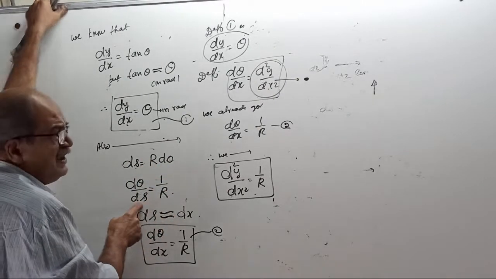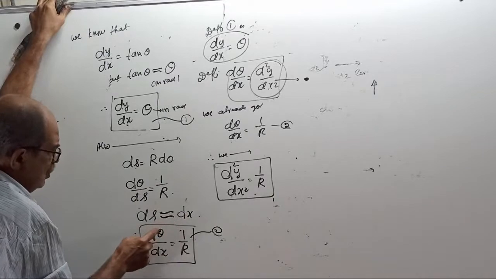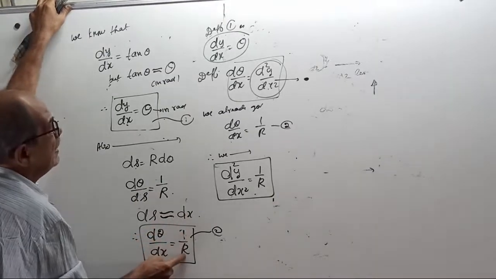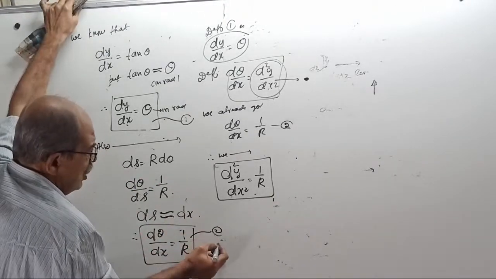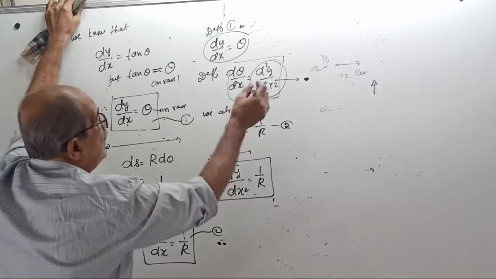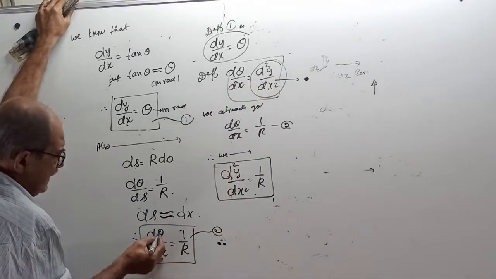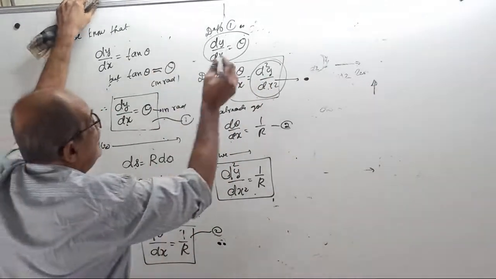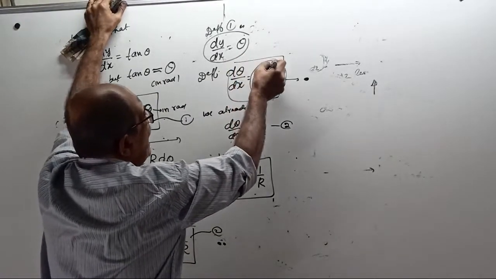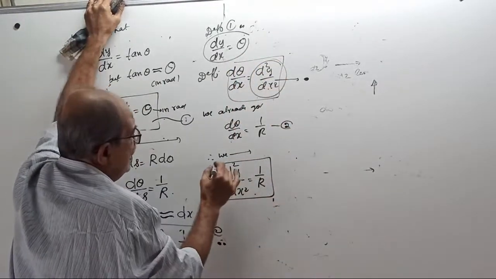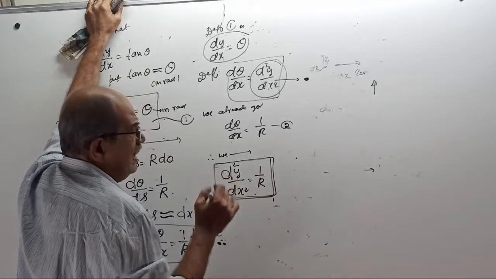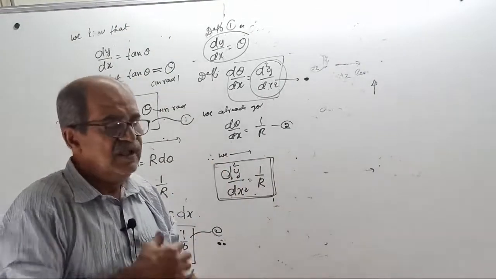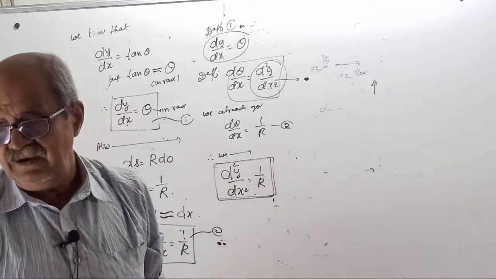But ds you can take almost equal to dx, so d theta by dx equals 1 by r. Now, from d theta by dx equals 1 by r and d theta by dx equals d square y by dx square, equate: d square y by dx square equals 1 by r. Further not required. Clear?